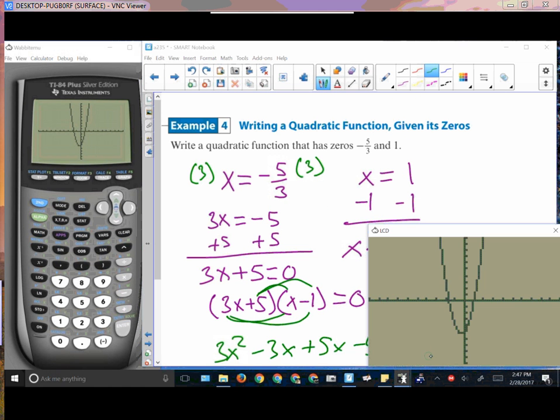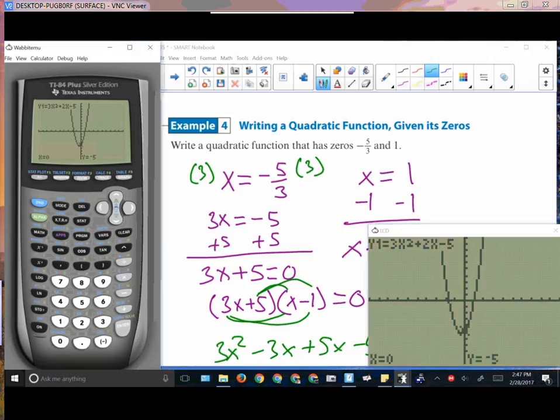Well, the zeros were supposed to be at negative 5/3. Trace. Negative 5 divided by 3. 0. And at 1, 1. 0. So this is how we go back and forth between the graph, the roots, solutions, equations.